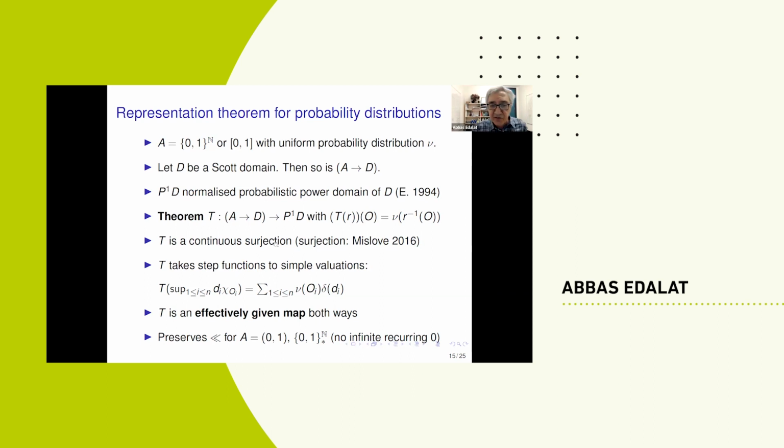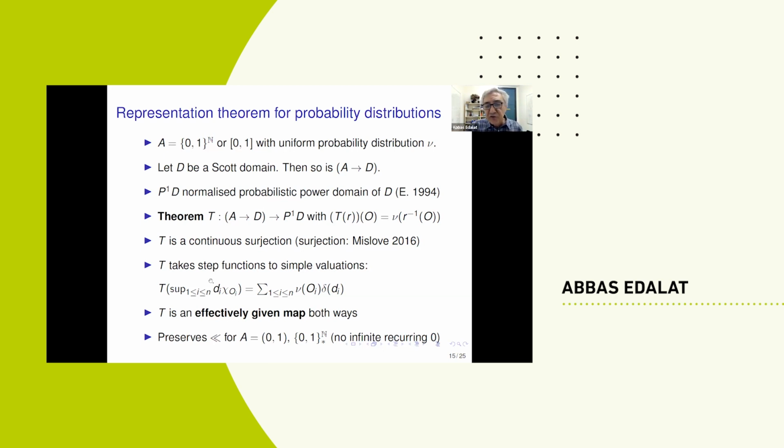This is the basic theorem: take this map T, which takes a random variable on D, a Scott continuous map from the probability space A to Scott domain D, to the probability distribution that it induces, namely on any Scott open set O, it gives the probability weight nu of R inverse of O. Whether we take the probability space to be the unit interval or the Cantor space is immaterial.